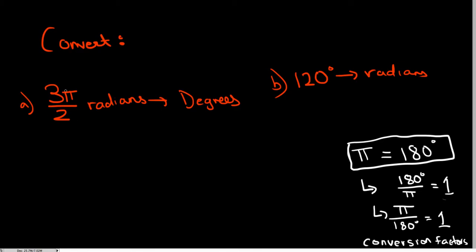So let's start with this one, 3 pi over 2 radians to degrees. So let's just write that out, 3 pi over 2 radians. So now which conversion factor do you think we should multiply that by to get it to degrees? So just keep in mind that radians usually always has pi.